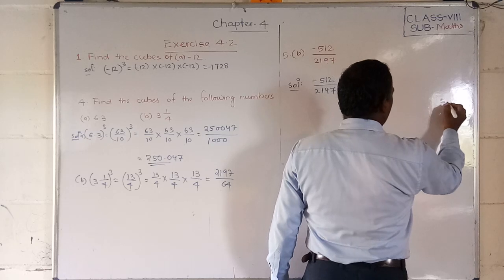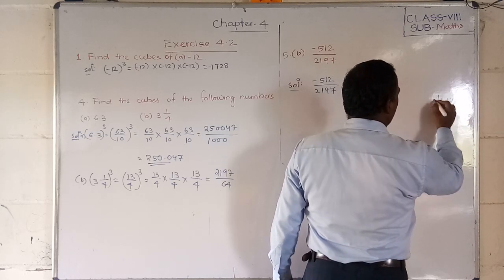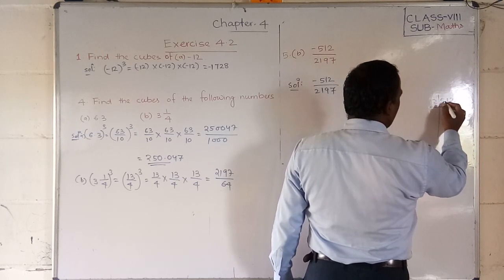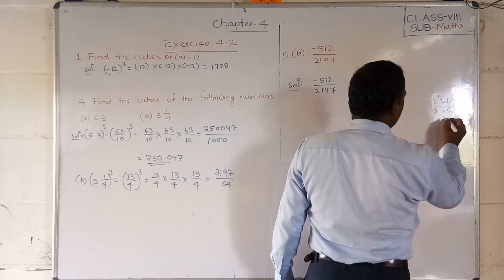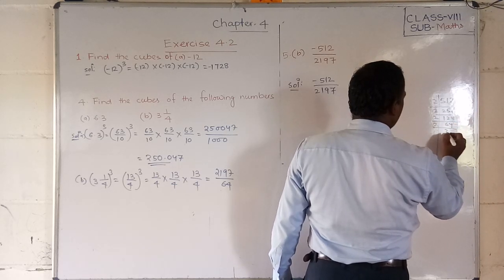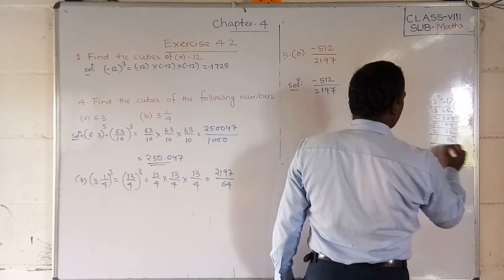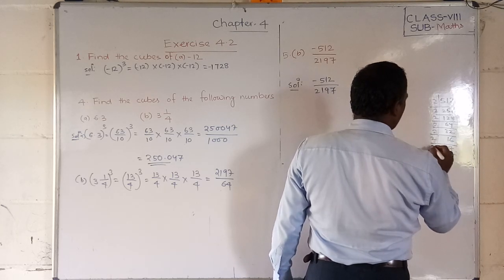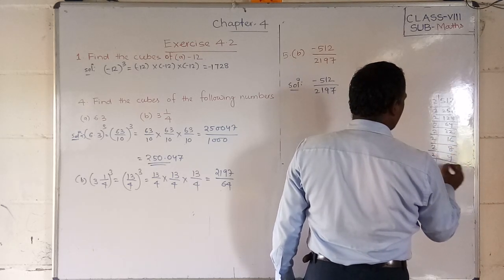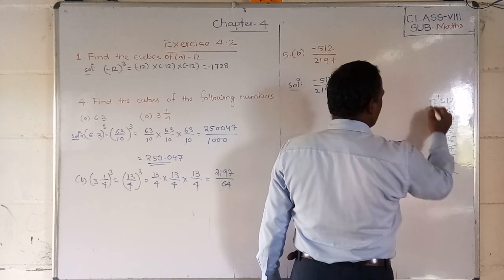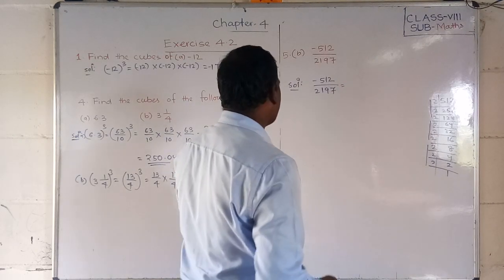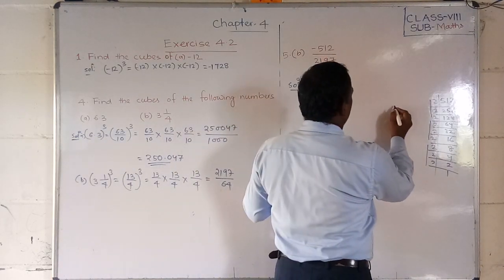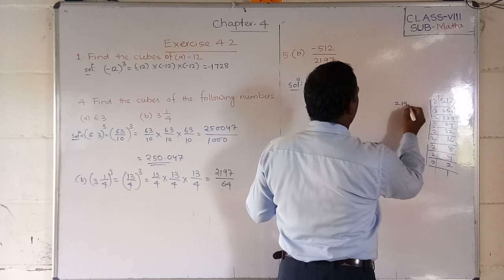First of all, do the factorization of 512: 2 twos are 4, and dividing by 2 repeatedly, we get 512 as nine 2s. And we can do the same for 2197.